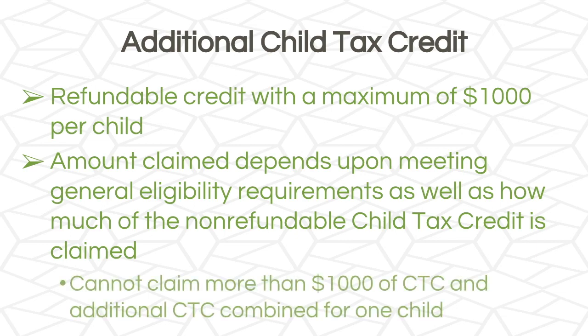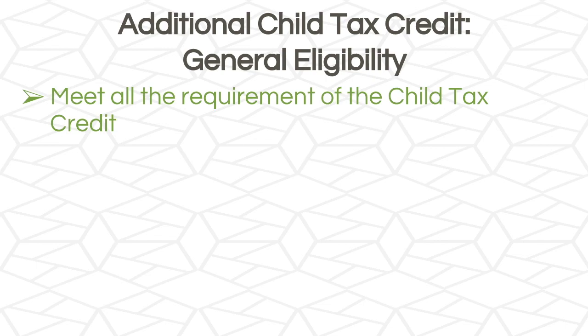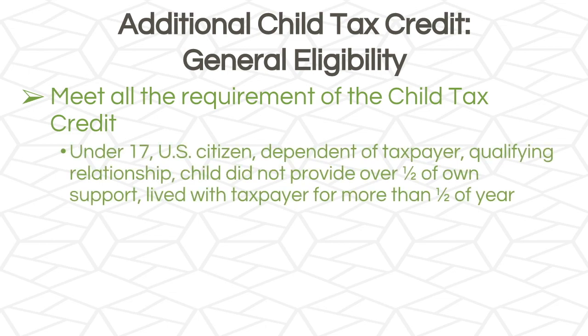So the taxpayer cannot claim more than $1,000 of CTC and ACTC combined for one child. They must meet all the requirements of the child tax credit, which means the child has to be under 17, a U.S. citizen, dependent of the taxpayer, meet one of the qualifying relationships, not provide over half their own support, and live with the taxpayer for more than half the year.